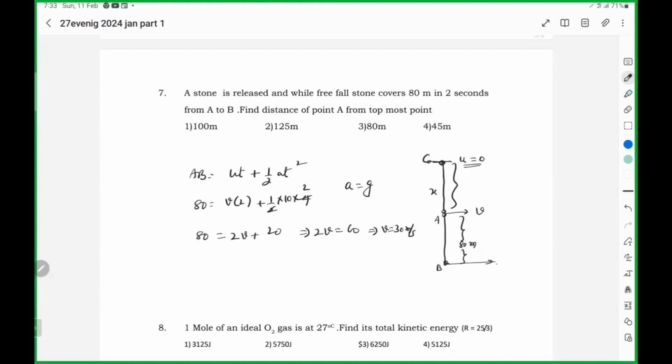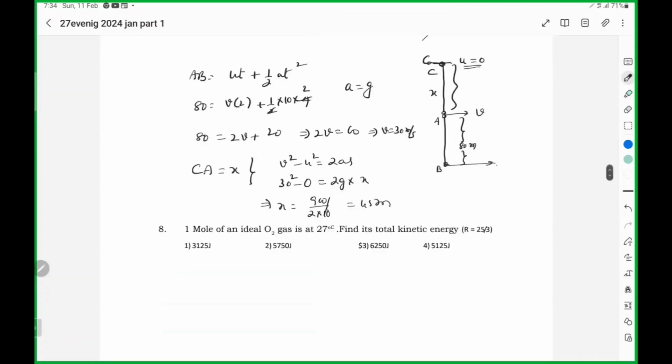He is asking this distance, let us say CA. CA distance is x, which can be calculated using the same formula. We calculated 30 square. Initially dropped, freely falling, x is 900 by 2 into 10. So it is 45 meters from A.